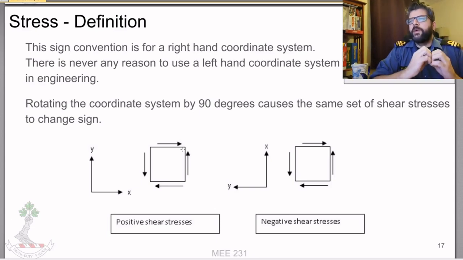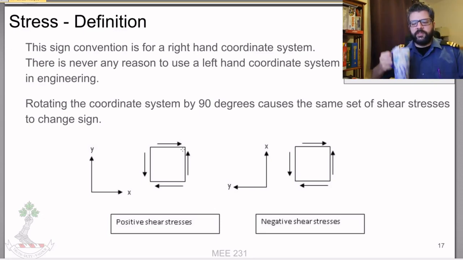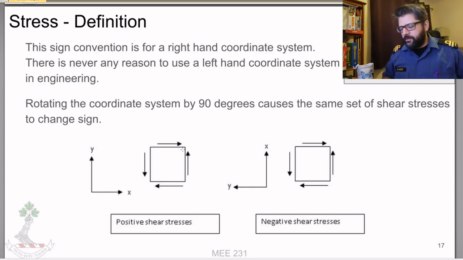It's like learning about masculine and feminine nouns in French, and then showing up and deciding that this cup needs to have some sort of masculinity or femininity to it. You're speaking a different language, and you really shouldn't be. So don't use a left-hand coordinate system.